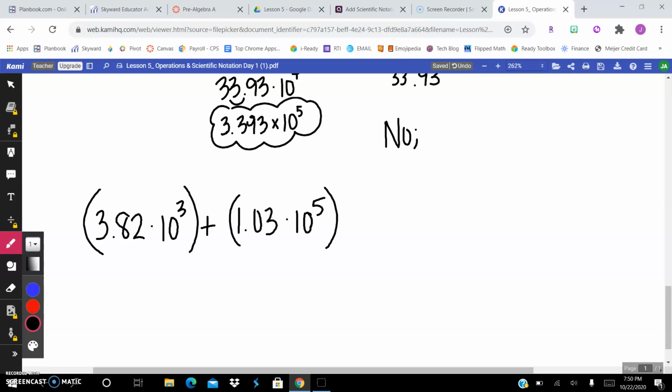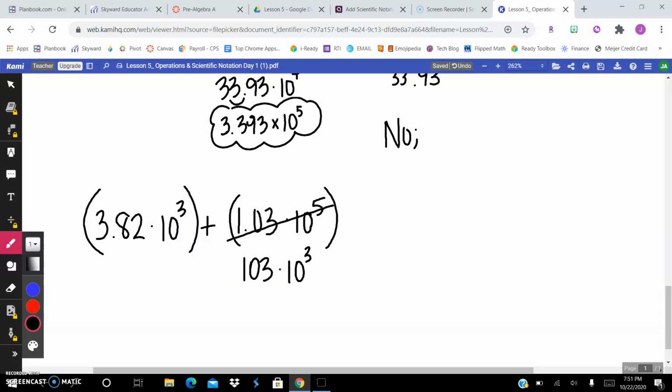So we need to change that 10 to the fifth to 10 to the third. So by doing that, I have to move the decimal twice. I have to go from 5 to 3, so I have to move 2 places. So if I slide that decimal over 2 places, I have 103 times 10 to the third then. So that replaces that. So now we have the same 10 to the third in both pieces.